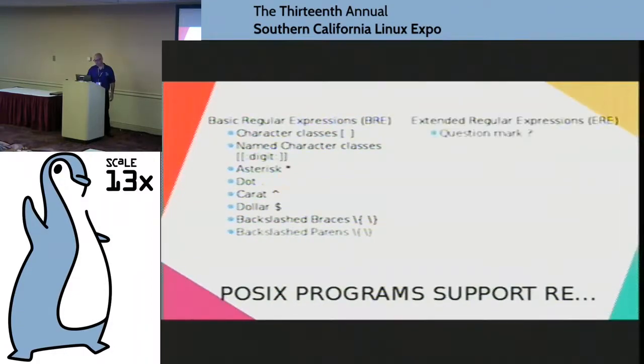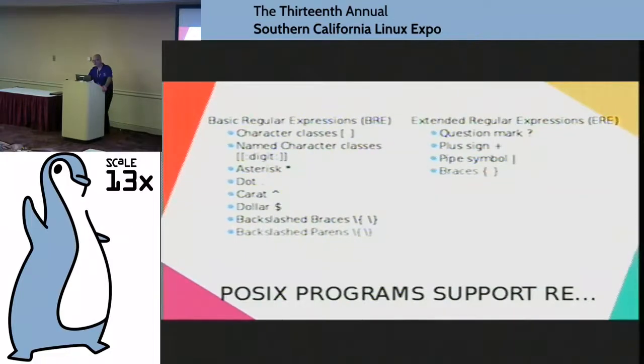Now, for the extended regular expressions, we have the question mark, which will be used to follow an optional character. The plus sign, which means one or more of the previous set of characters. The pipe symbol, which allows you to perform what they call alternation. It's kind of like a logical OR.